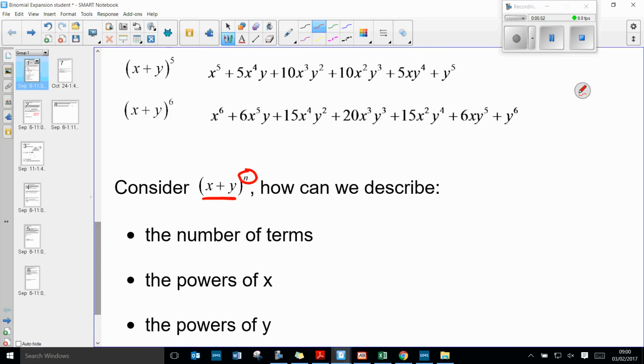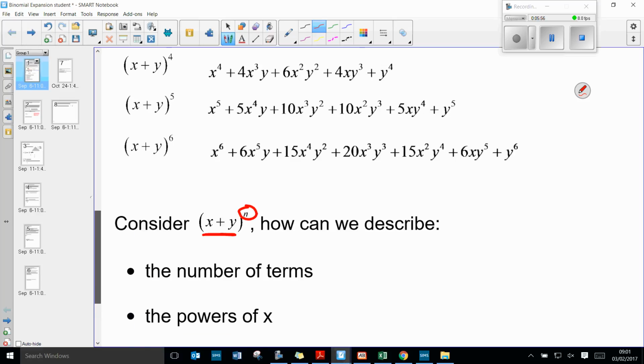So how many terms are there in relation to either x, y, or n? So n plus 1. Nice. So, if this power is 6, look, there's 1, 2, 3, 4, 5, 6, 7 terms. So our number of terms is always 1 more than the power.